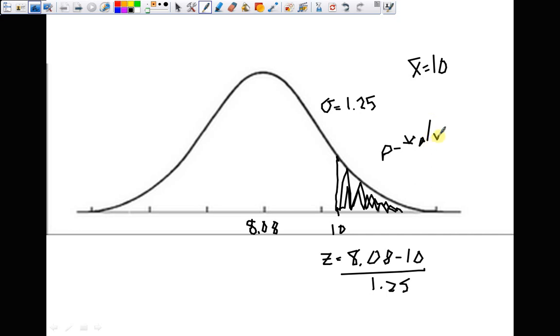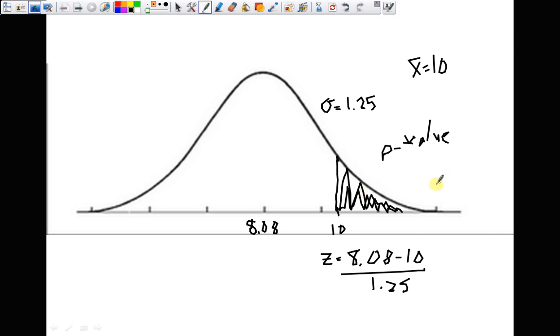P-value. Now, the smaller your p-value is, the more evidence you get against your hypothesis here. And we didn't get into what a null hypothesis is or anything like that yet, which we will. But what we did was we assumed that the mean was 8.08 until we got evidence that it was actually higher.